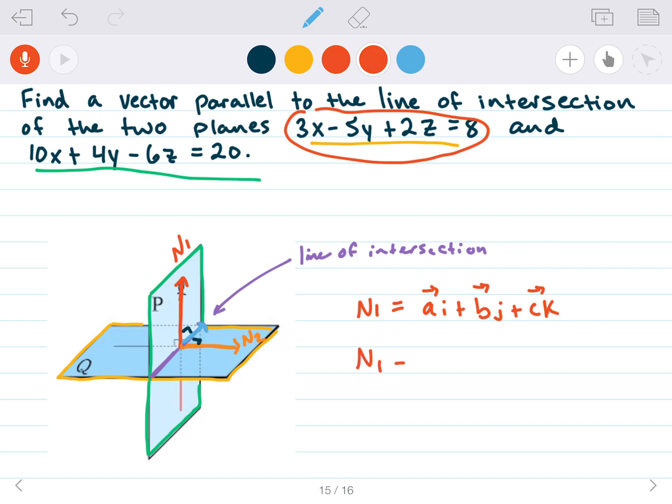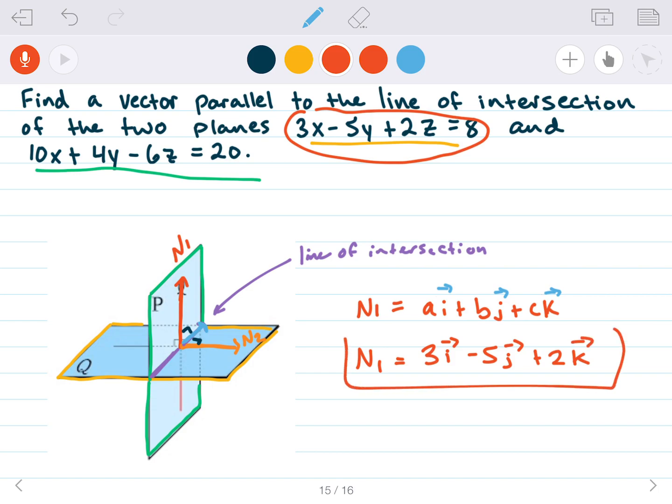So N1 is just going to be, and actually these little arrows are not in the best place. They should be over I, J, and K. Okay, so N1, we're going to have 3i minus 5j plus 2k. So that's our equation for N1.